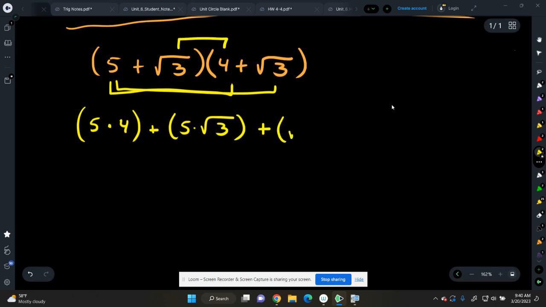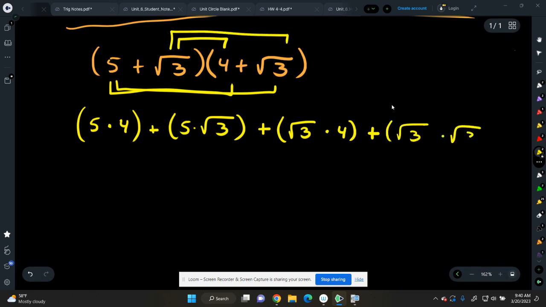So we're going to do the square root of 3 times 4 plus square root of 3 times the square root of 3. Okay, so you don't necessarily have to write it out like this. I'm just doing it so you can all see what happened.